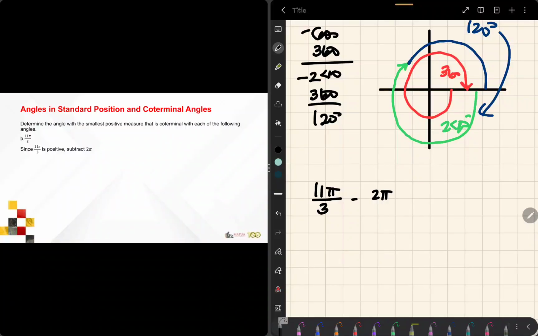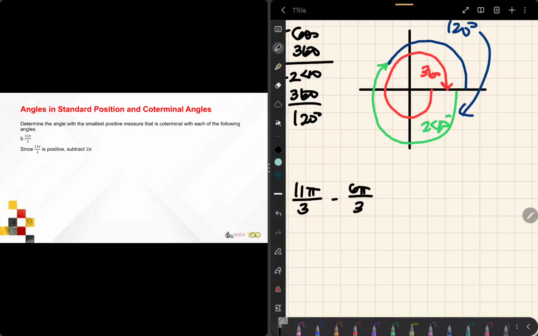For this to be subtractable, first we need to convert 2 pi to have a fraction over 3. When you have this kind of fraction, you just simply multiply 3 to the 2 pi, giving us 6 pi over 3, which is simply equal to 2 pi. So there you go.